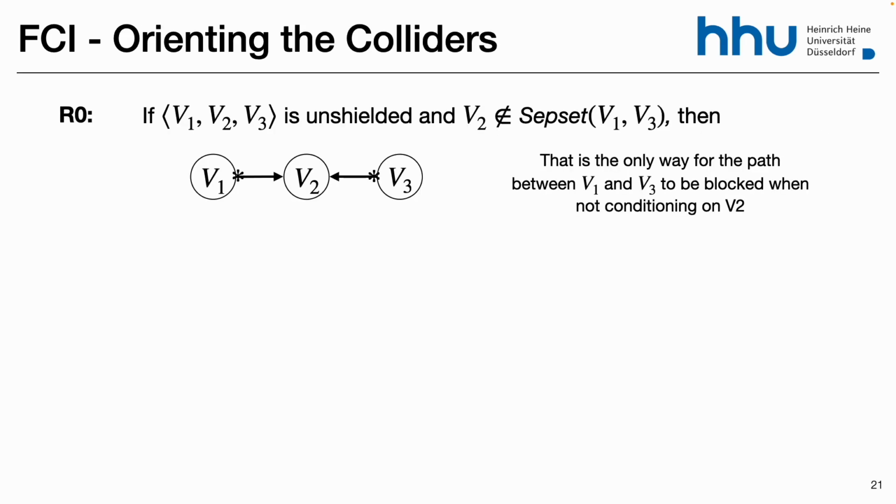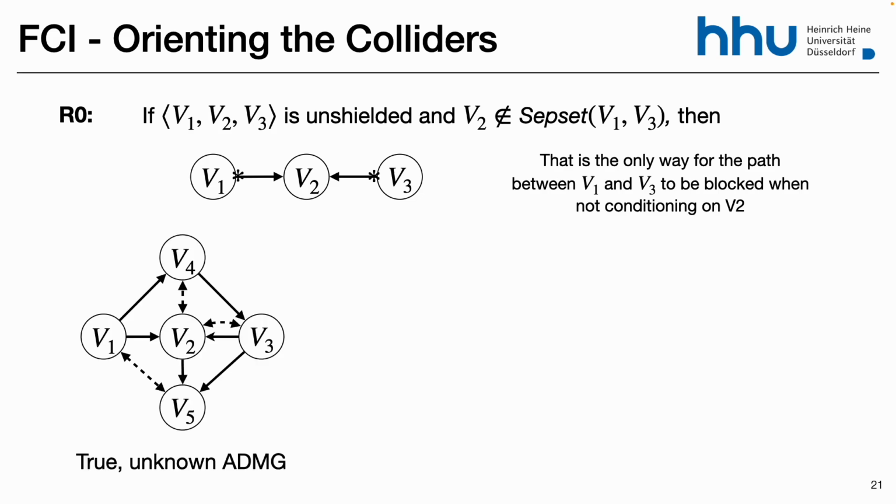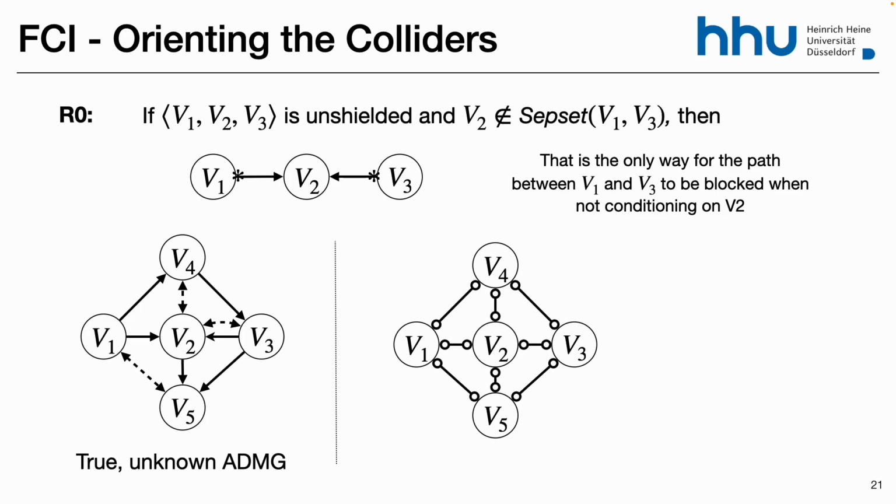Now, that is this rule 0 that I told you. Rule 0 is finding the unshielded colliders because they are easy. So there is this idea of finding all the colliders that are from unshielded triplets. For every unshielded triplet, in our example, we are here now. That's the skeleton.